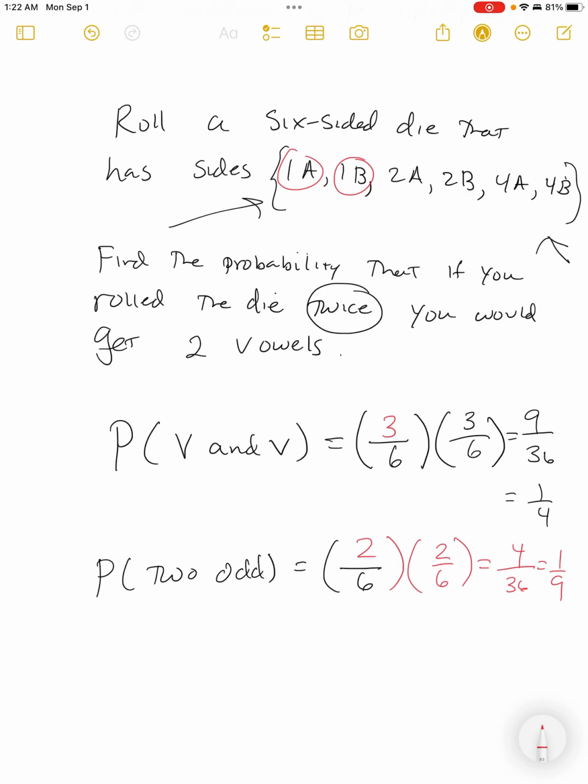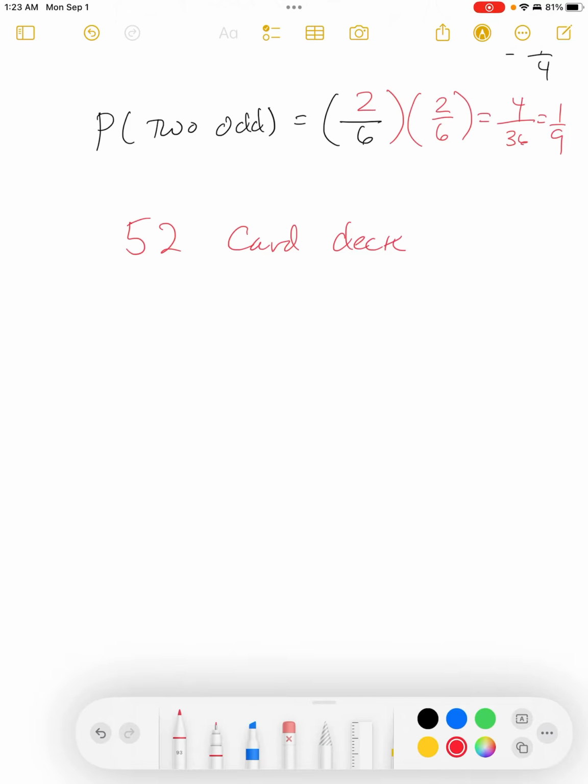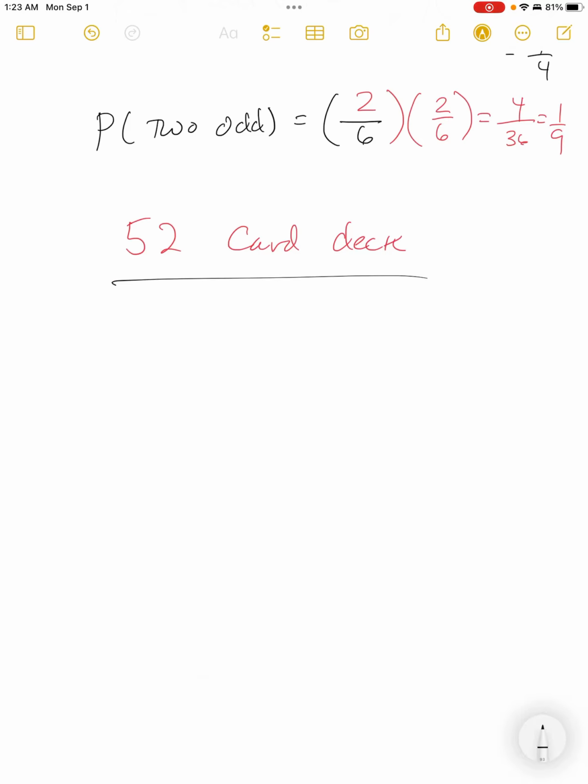So that's what we're dealing with as we go to this multiplication rule. And you'll see something very similar as you look at these tiles. Let's go back to the cards. I want you to picture a 52 card deck. And I'll change back to a black color. So we're going to look at a 52 card deck, and we're going to select 2 cards from a 52 card deck.